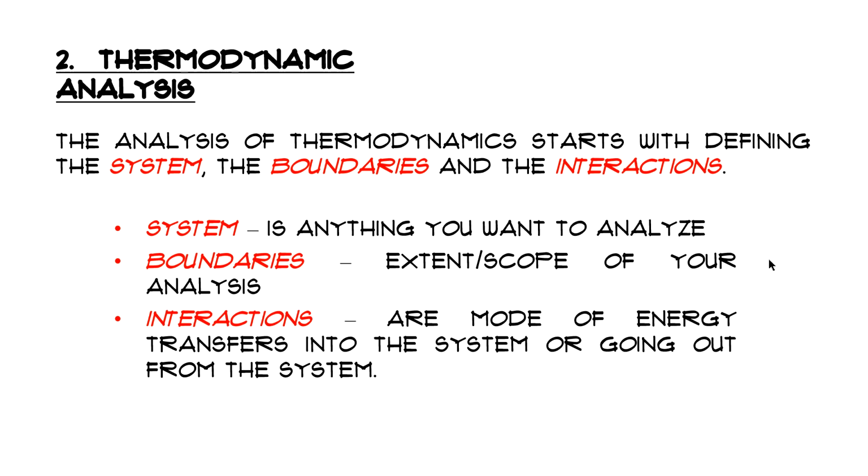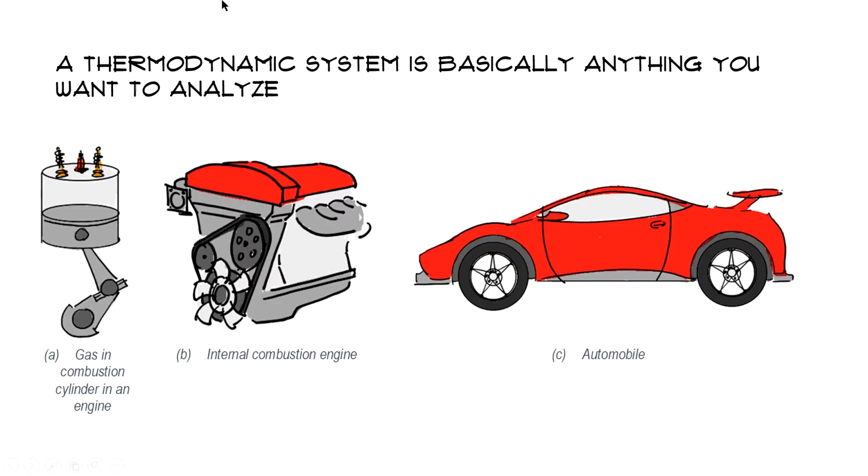So here we have three terms: the system, then the boundaries, and the interactions. When you say system, it's basically anything that you want to analyze. The boundaries are going to be the extent or the scope of your analysis. And then the interactions are the energies, or the mode of energy transfers that goes into the system or out from the system.